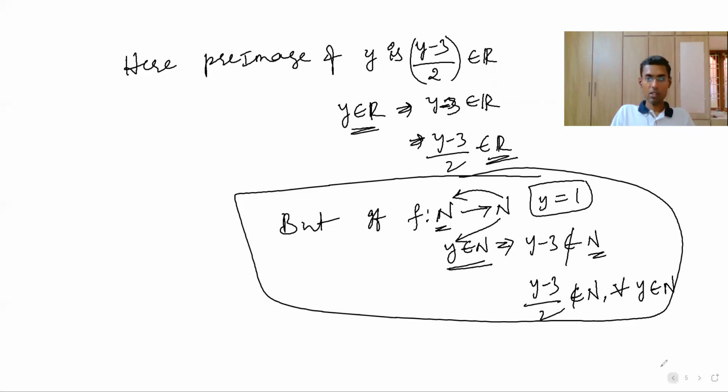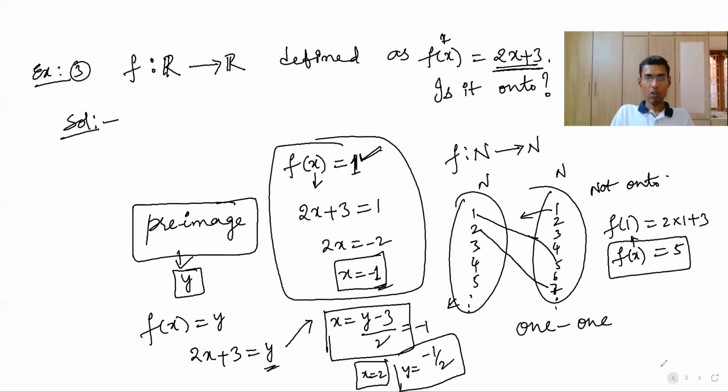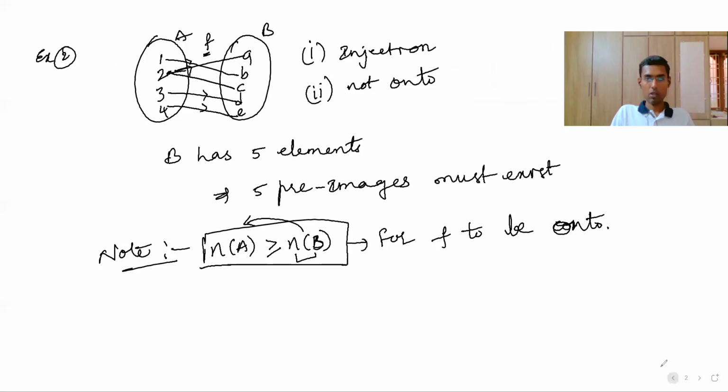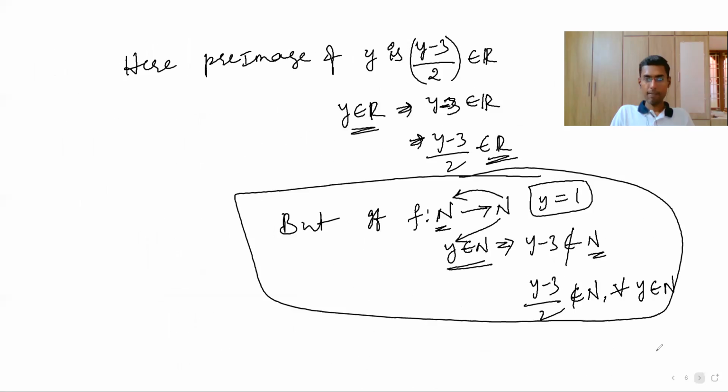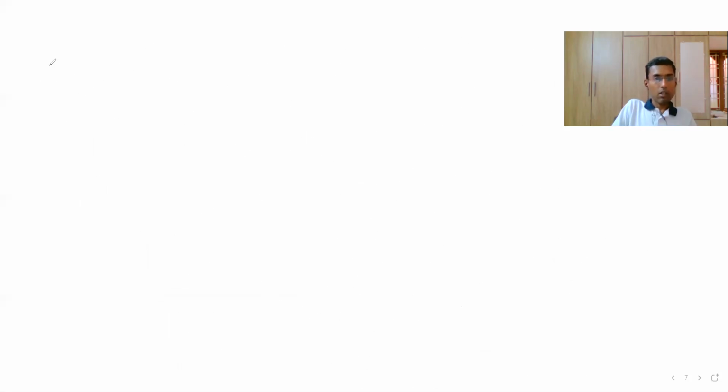Here is the first example. Here codomain is B, right? This is not equal to range. Why? Range is A, B, C only.